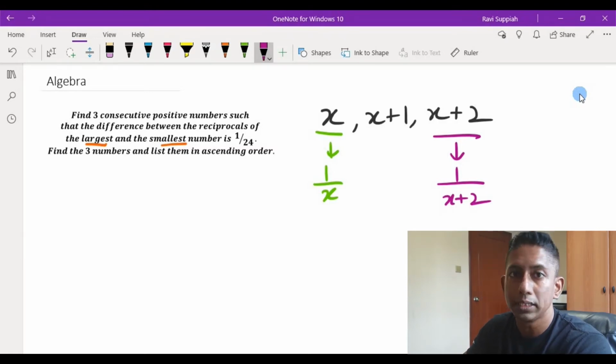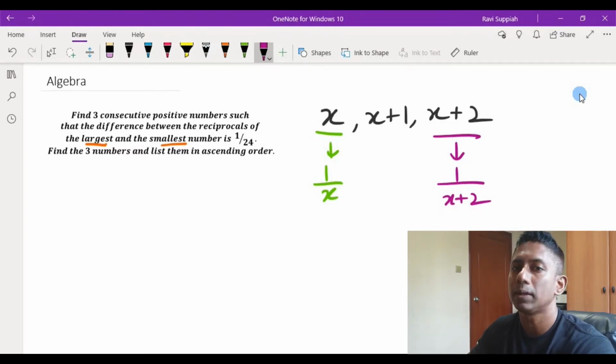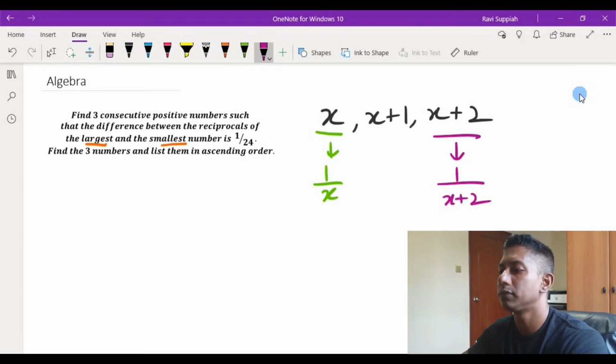Now, which number is bigger and which is smaller? If you are not too sure, we can put in some numbers and see for ourselves. Imagine that these three numbers are 3, 4, and 5.